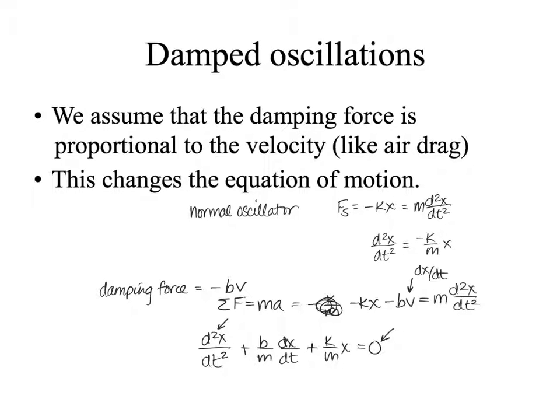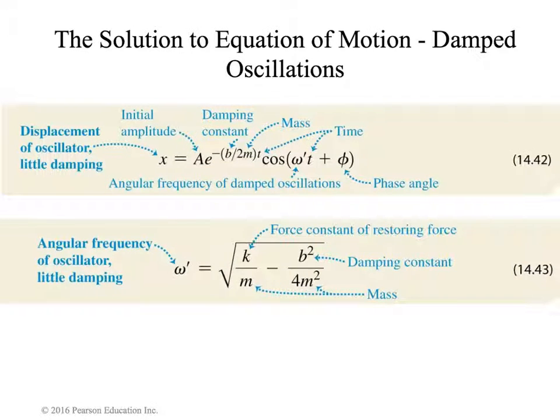The solution to this equation, x as a function of t, is what would describe the motion. Like I said, we don't know how to solve this differential equation yet, but that's okay because you'll learn eventually. But here's the solution right here.